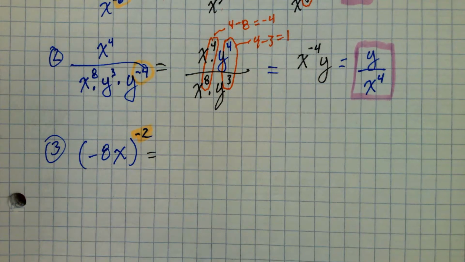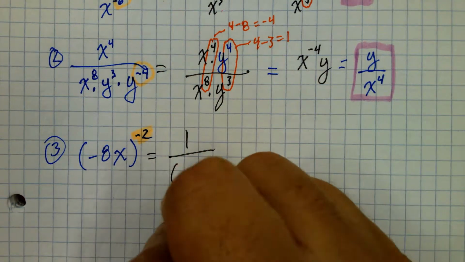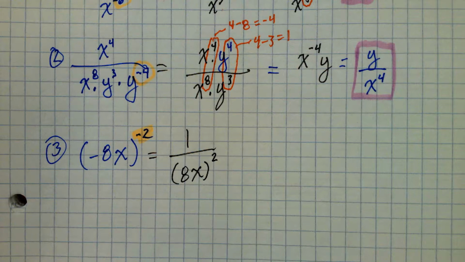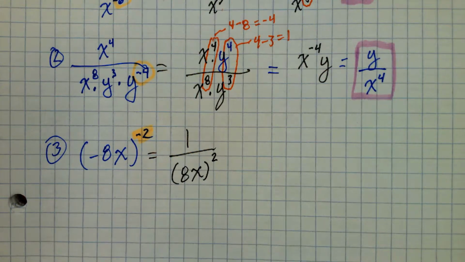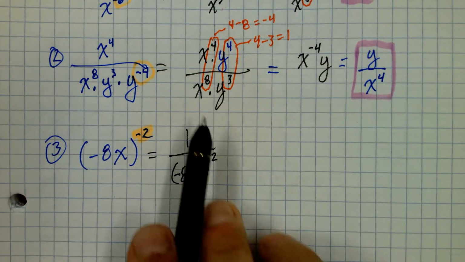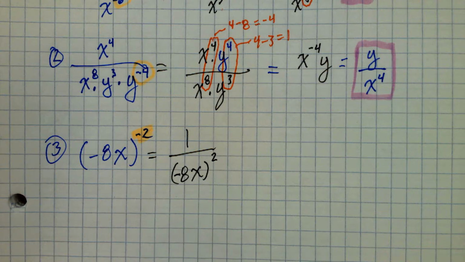Would it be negative 8x over 2? Like this. You see what we did? So now that it's a positive, it's 1 over negative 8x all to the second power.